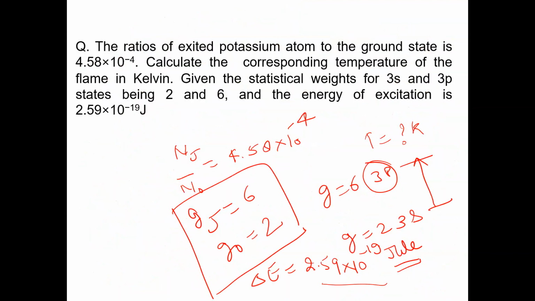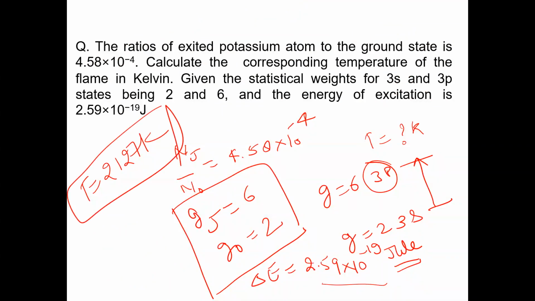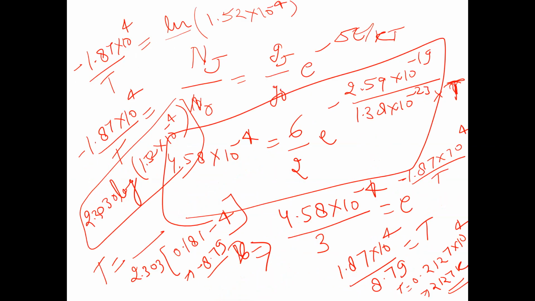So the right answer will be 2127 Kelvin. This question was related to the population in higher states and ground states, and using this expression you find the value of temperature T.